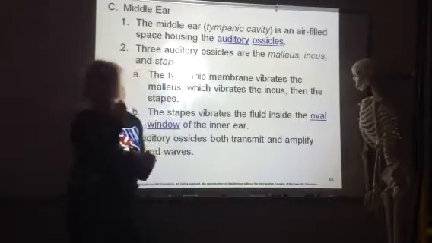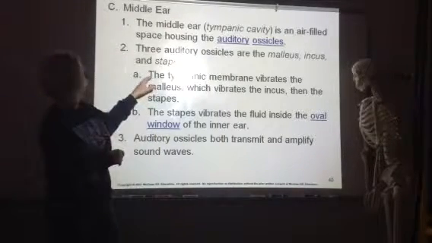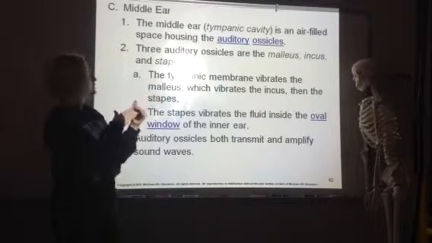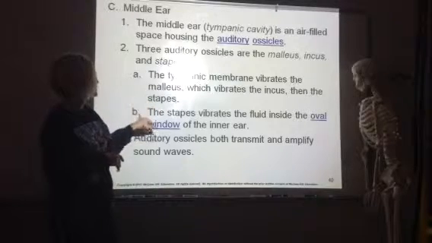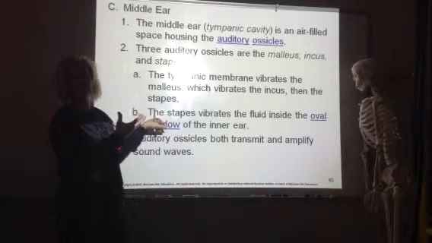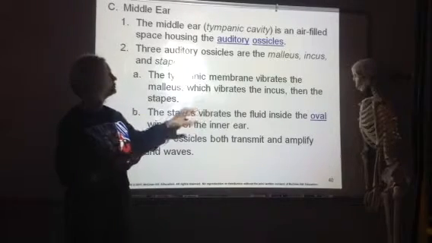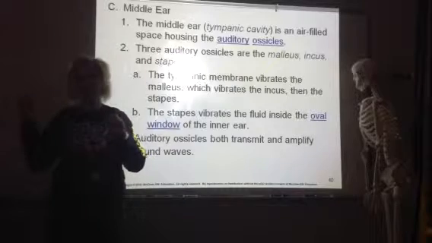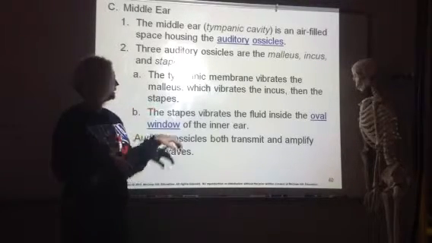That's kind of from their shape, the way that they look. The eardrum vibrates. That causes the malleus to move, which is attached to the incus, that moves, and then the stapes moves. When the stapes, the last little bone, moves, there's fluid inside the oval window, and that's basically when it's changed from sound waves in air to sound waves in a fluid.